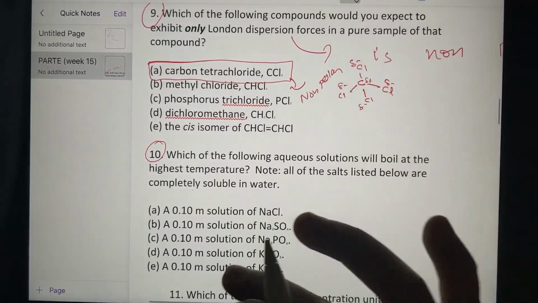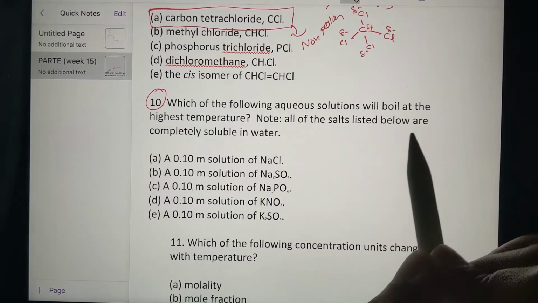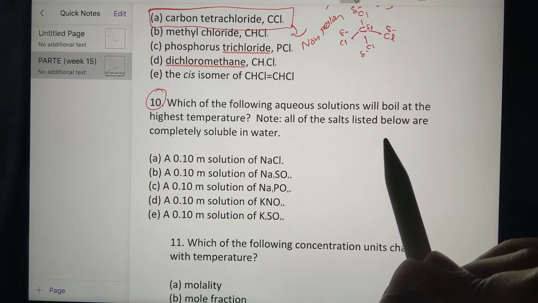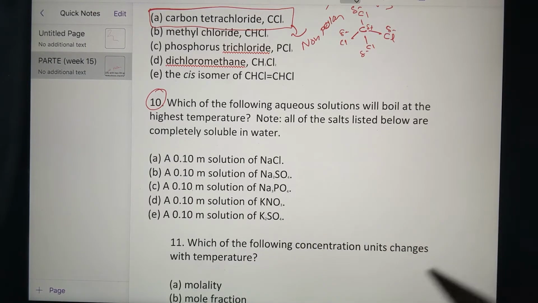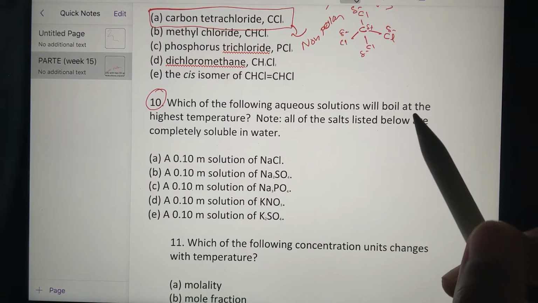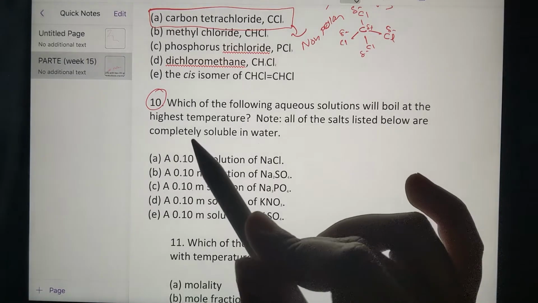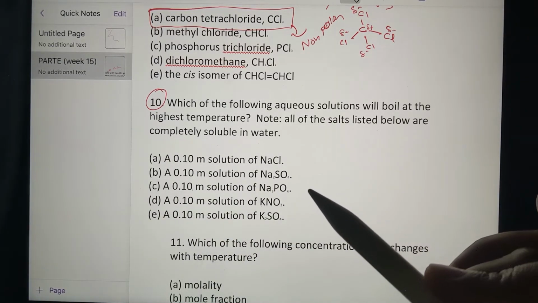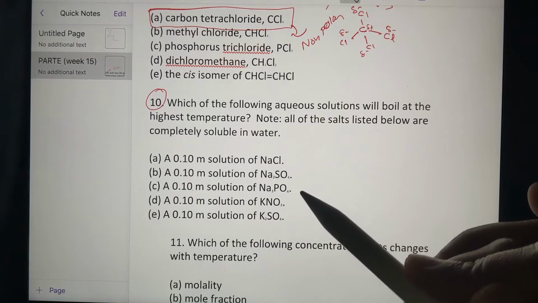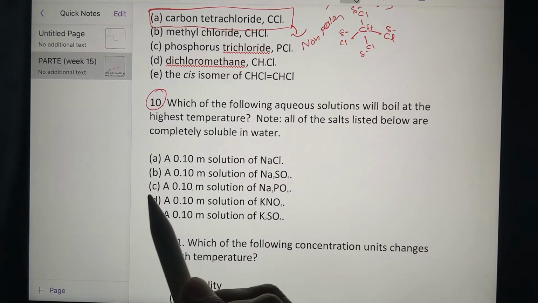Okay, next question. When you add any salt in a solvent, the boiling point increases. Here you have the same concentration of these salts. So what you're going to look for is which one has the maximum amount of charges.